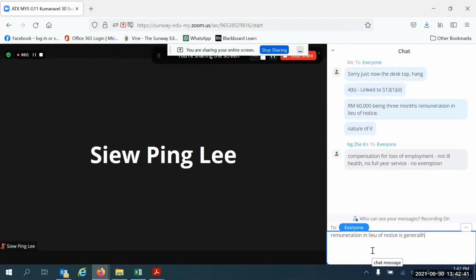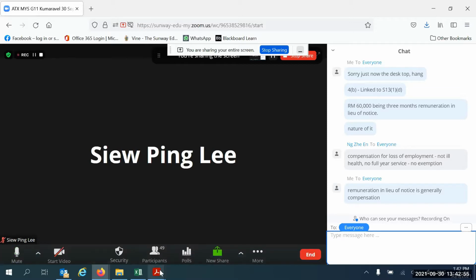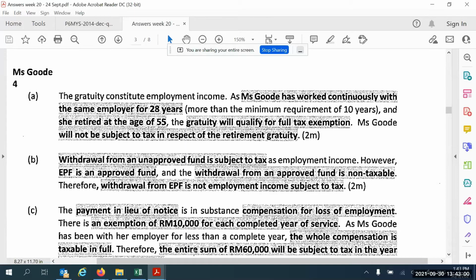Yes, correct. Good. So you must know the different names. This is one of the examples. So start mentioning it. You see the first mark, this is compensation. Just try to follow exactly: compensation for loss of employment.